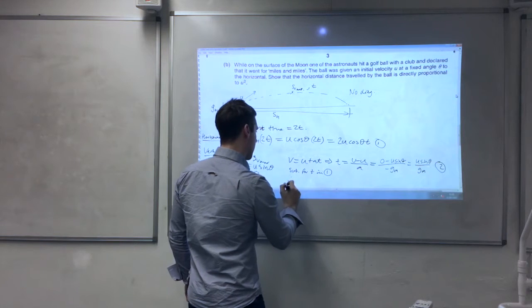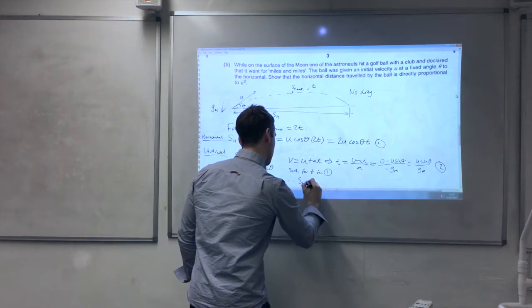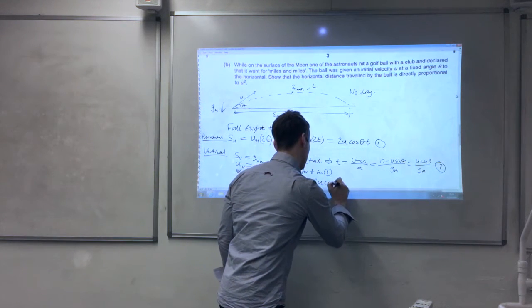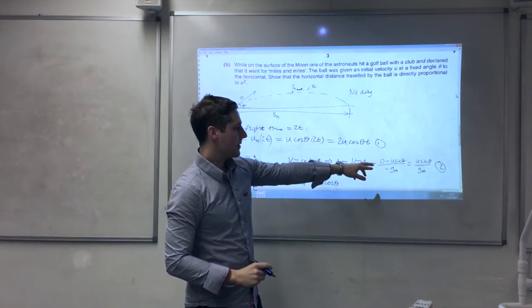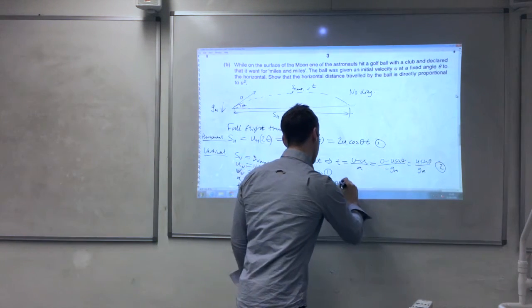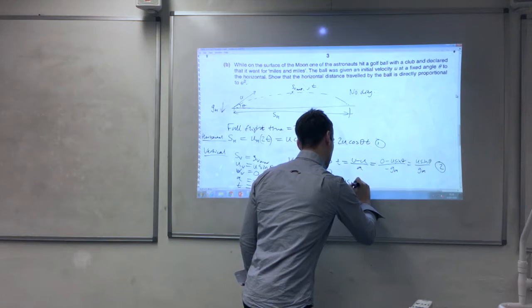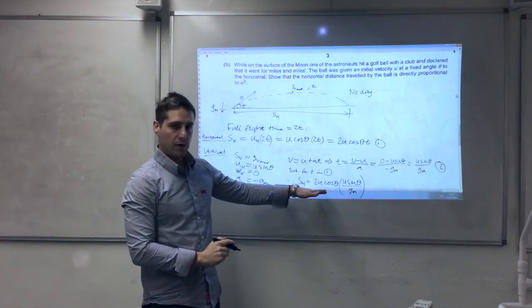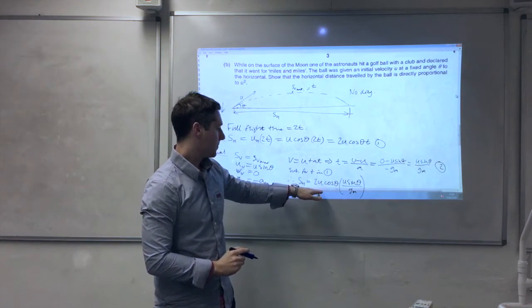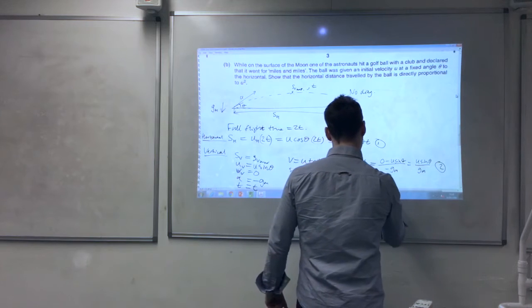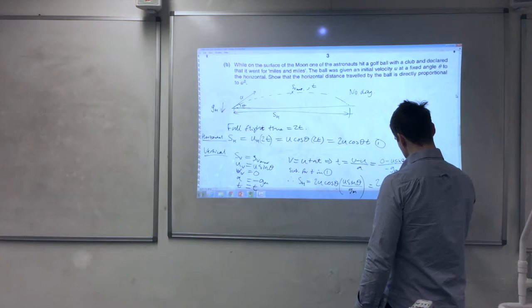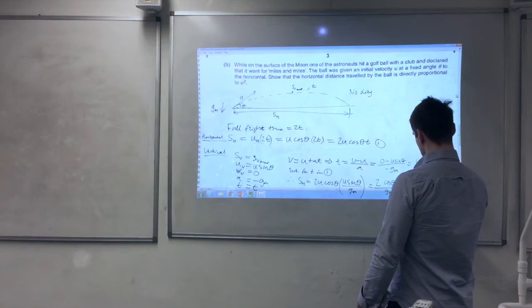Then what I get is SH is equal to 2u cos theta multiplied by t, which is equal to u sine theta over GM. Now if I rearrange this, I get 2 cos theta sine theta over GM times u squared.